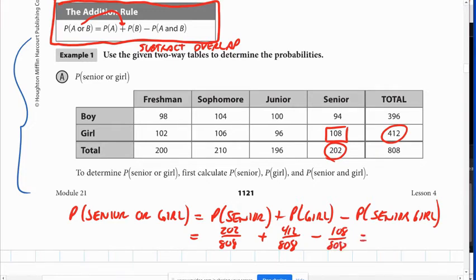And so if we do the addition and subtraction, 202 plus 412 minus 108, since they all have the same denominators, is 506 divided by 808.